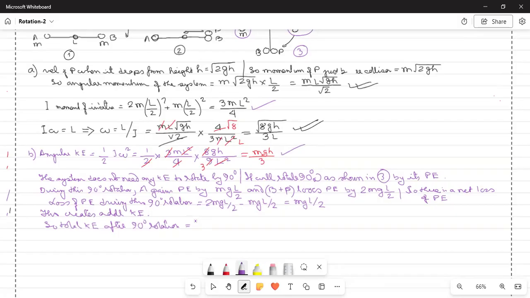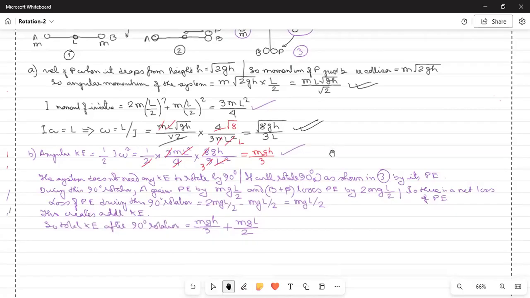So now it is mgh by 3 plus additional kinetic energy of mgl by 2 that has been created because of this 90-degree rotation. Right?